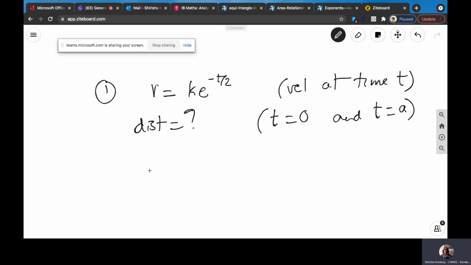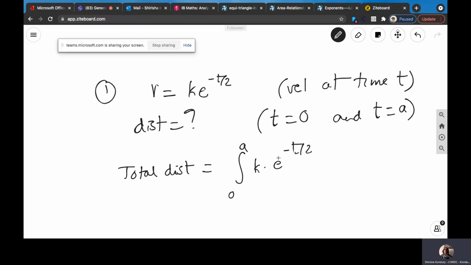We know the relation between velocity and distance is that distance is the integral of the speed. So here the total distance traveled will be the integral from 0 to a of k times e raised to minus t by 2.